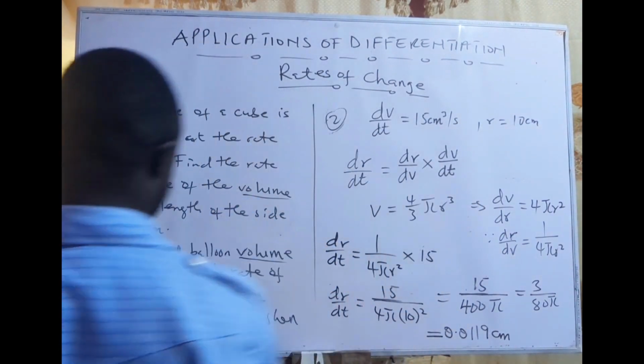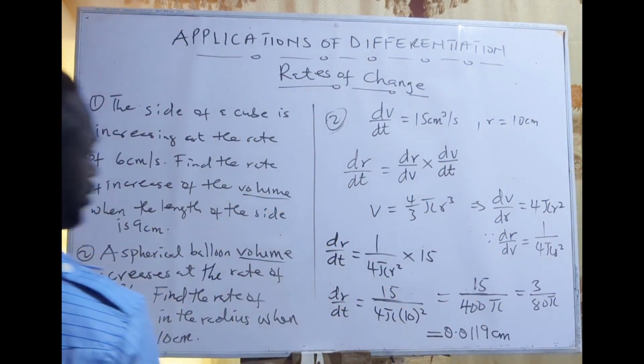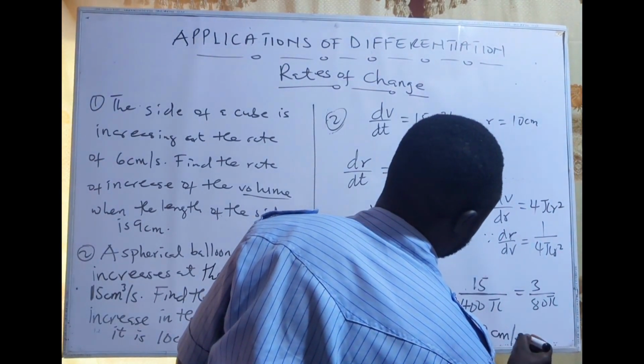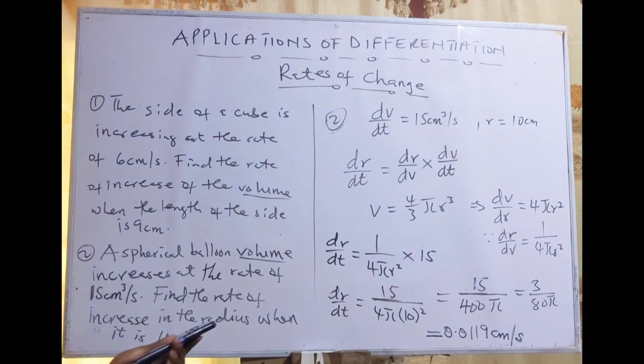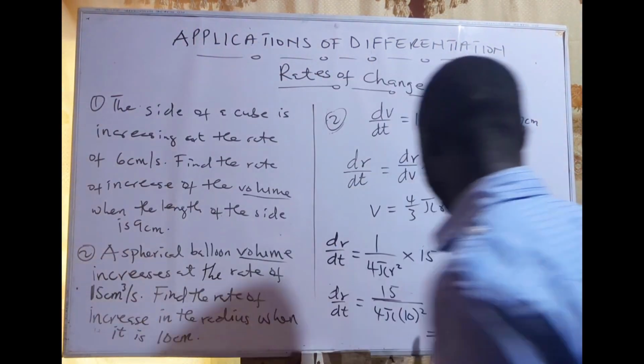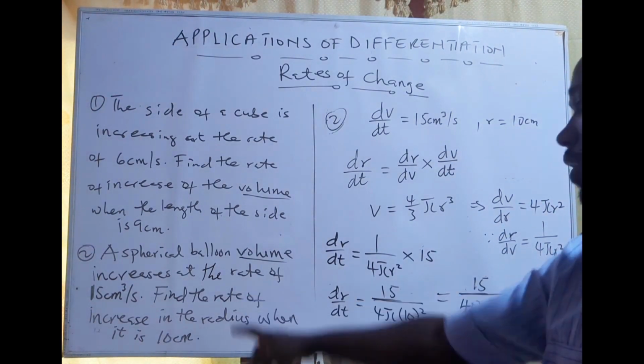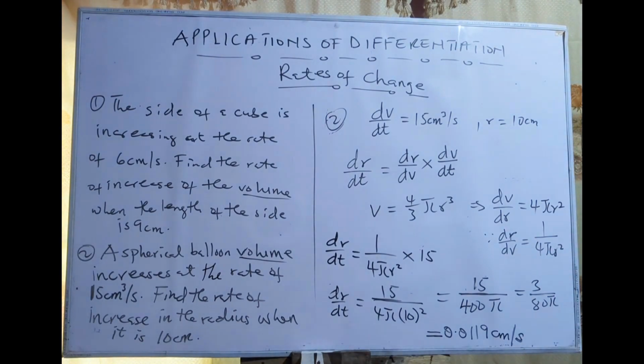We are finding the rate of change in radius, so the unit is centimeter per second. Our answer will be 0.0119 centimeter per second, since it is the rate of change in radius with respect to time.